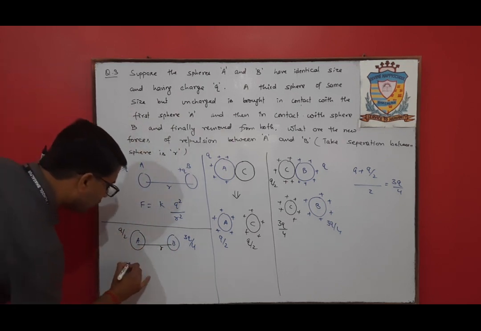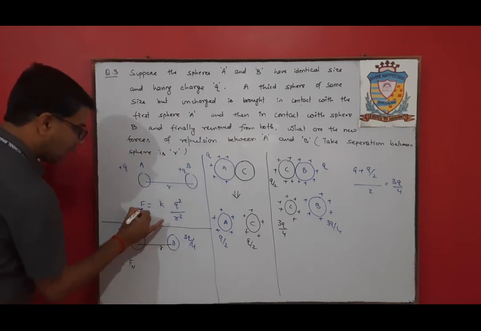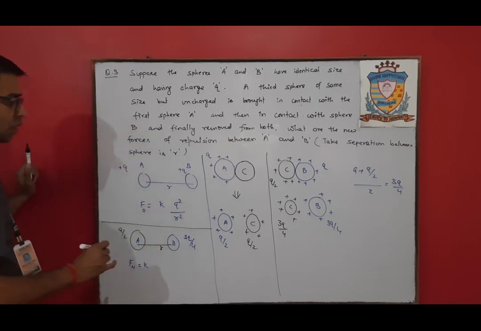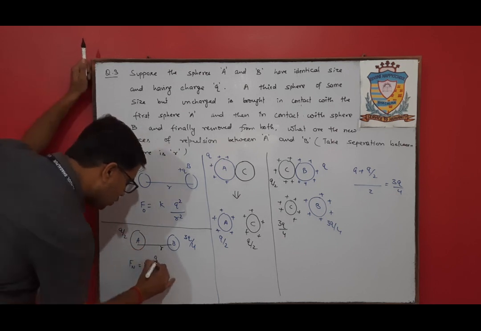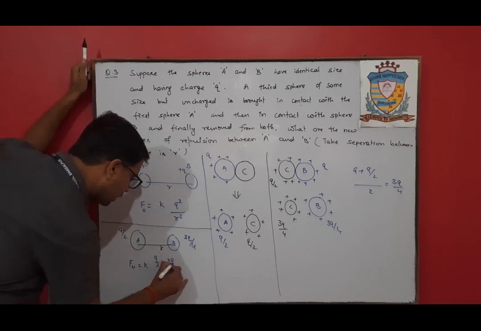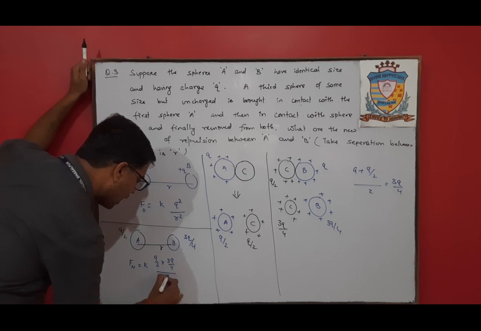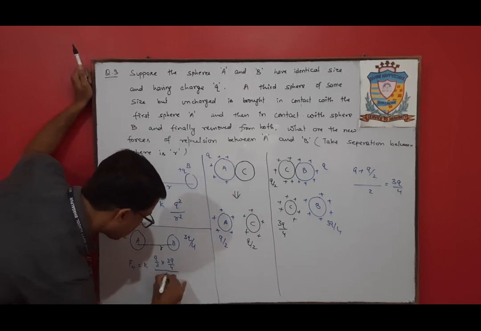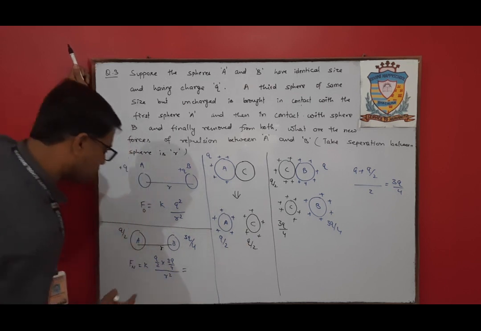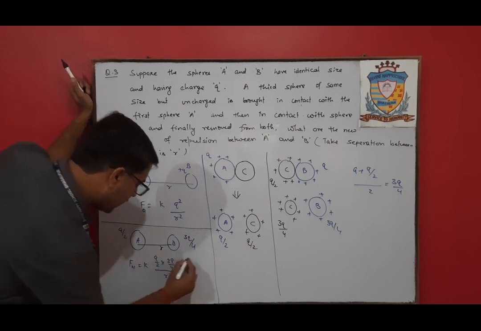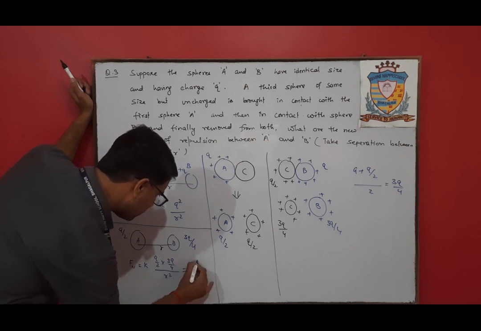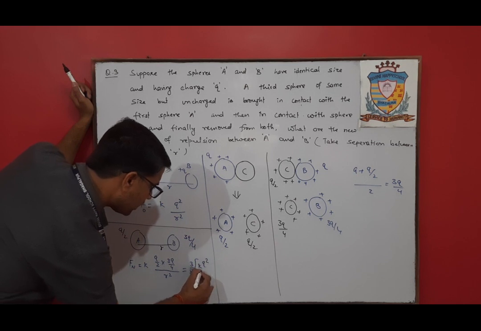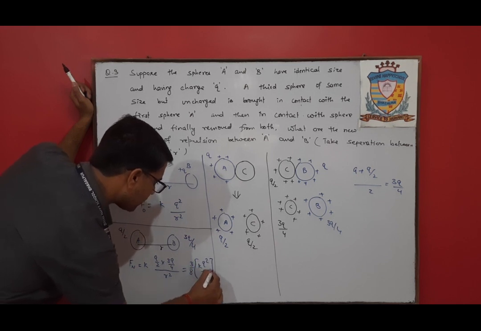So F new is equal to K Q1 Q2, that means Q by 2 into 3Q by 4 upon R square, which is equal to 3 by 8 K Q square upon R square.